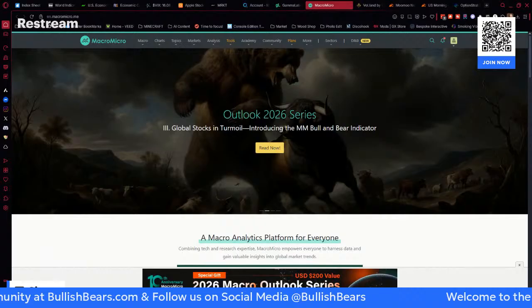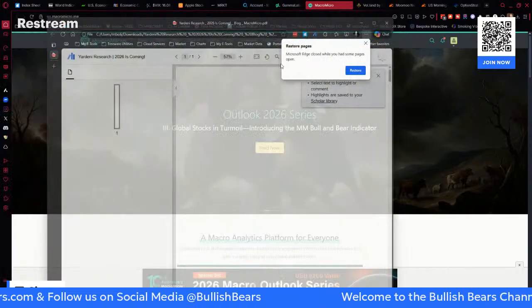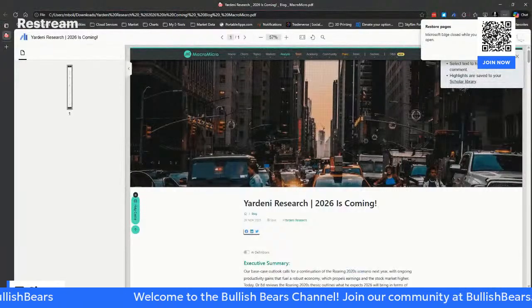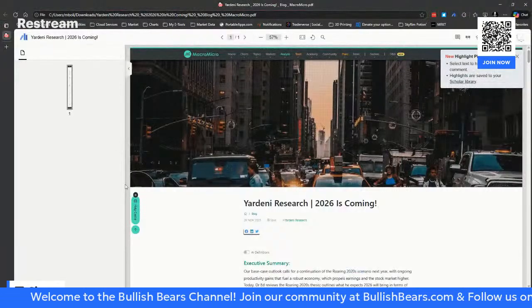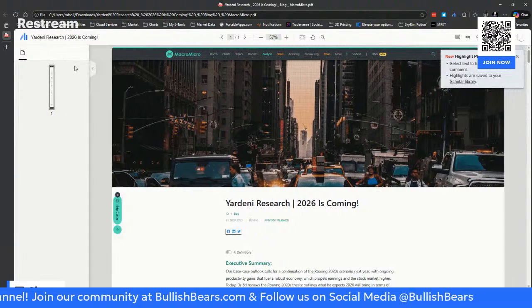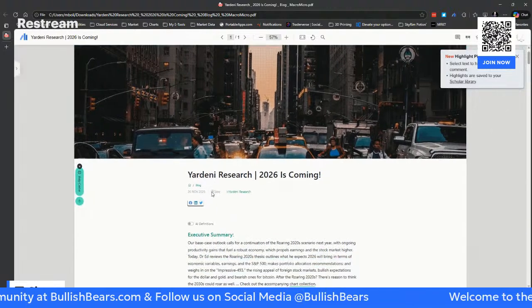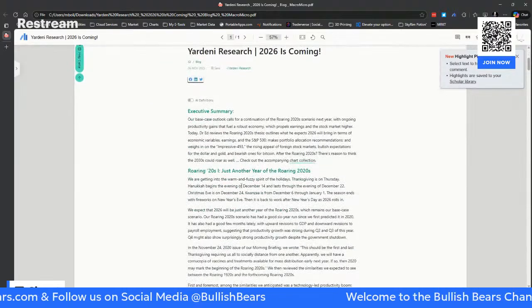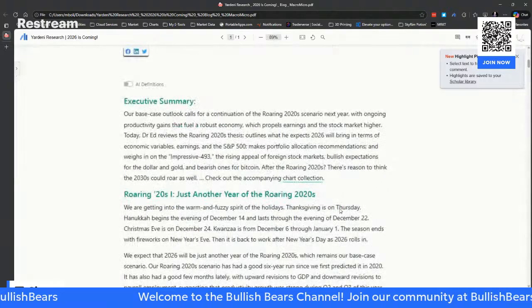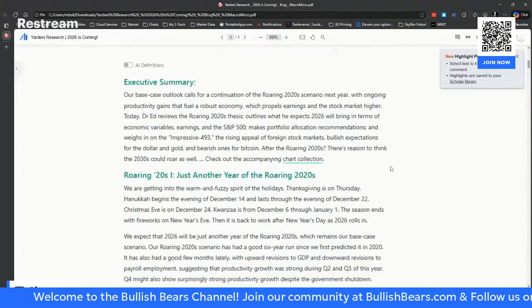This is a publication from Macro Micro with Yardini as one of the highlights. Right, Yardini's an old man. He's been around for a long time. He coined the phrase "the Roaring Twenties," again, as in the 1920s, but it's now the 2020s.